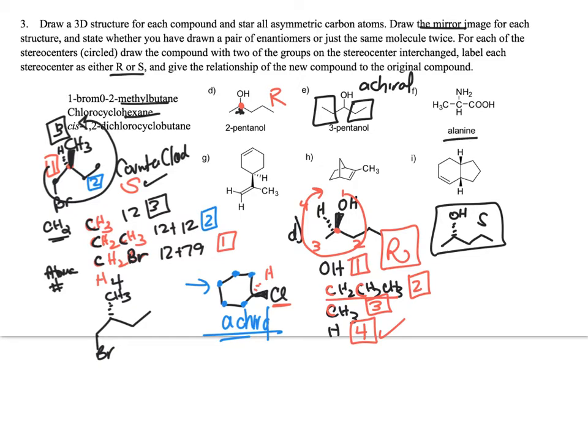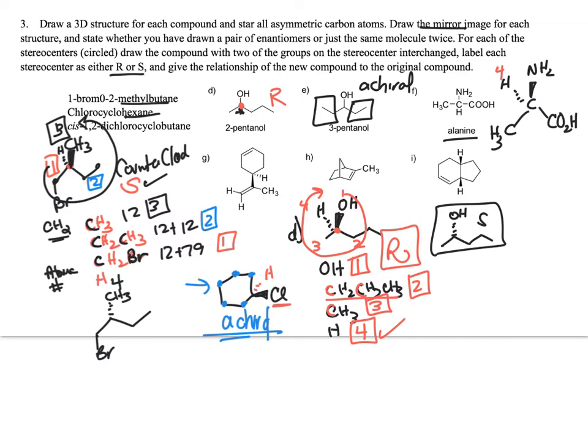Alanine, we've seen alanine before. We have to draw this here. So let's draw, you just put the amine coming at you. Make sure you put your dashes and wedges on the same side. CO2H and CH3. Now if you want to assign your priorities, hydrogen's 4, so it's in back. Nitrogen versus carbon.